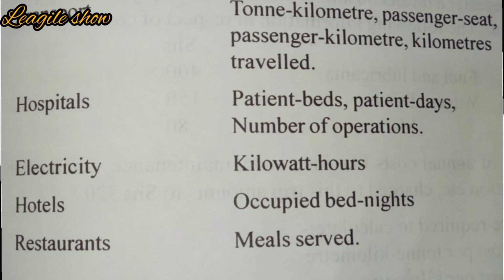What about in hospitals? We can use cost units like patient beds, patient days, or number of operations. All these are applicable, but an organization will determine which is the best cost unit they can use. You can check your table there in terms of electricity, hotels, and even restaurants.